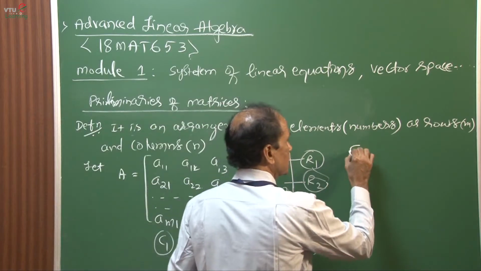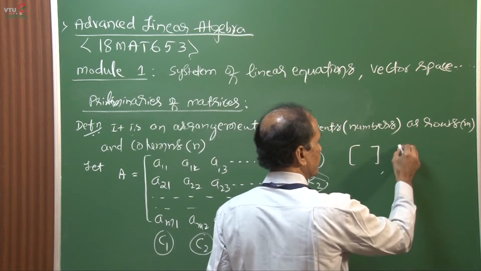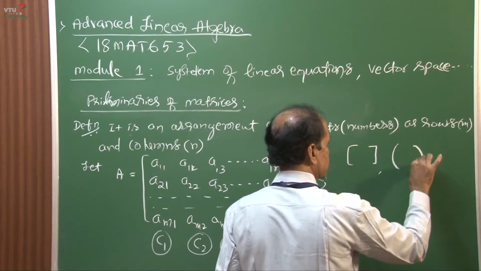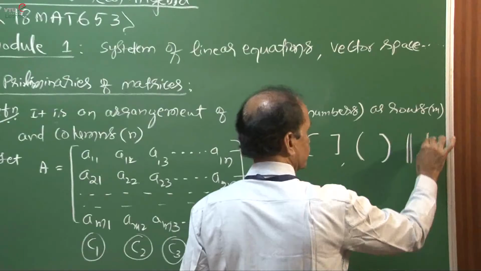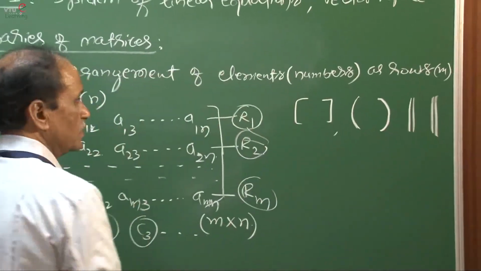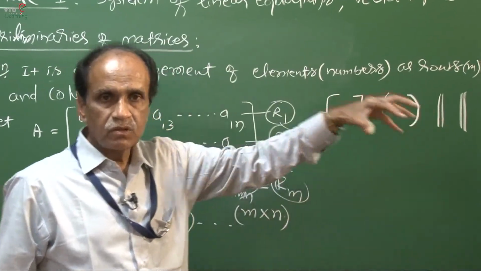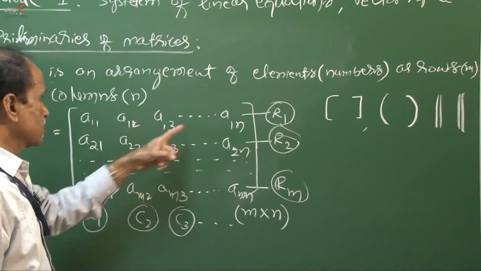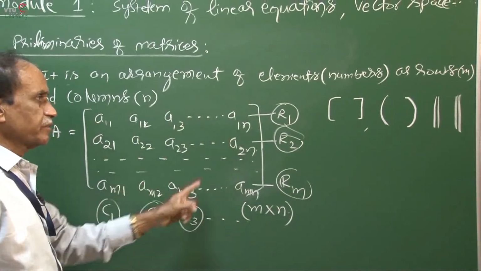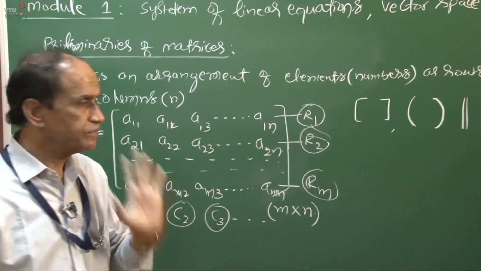Otherwise, there are three symbols for representing a matrix: square brackets, thick brackets and double bars. Any one of these three symbols is used to arrange the elements or numbers inside in the form of rows and columns.